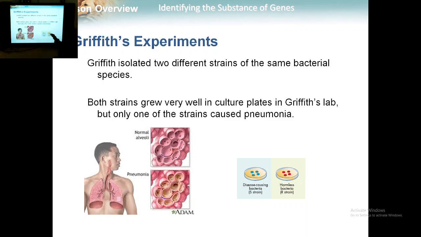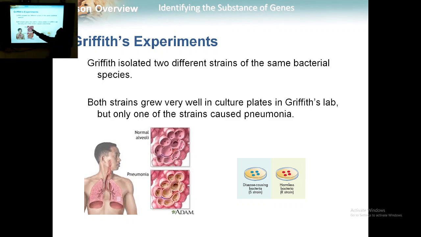The S strain caused pneumonia, while the R strain is harmless.